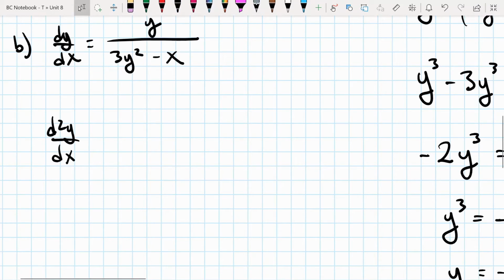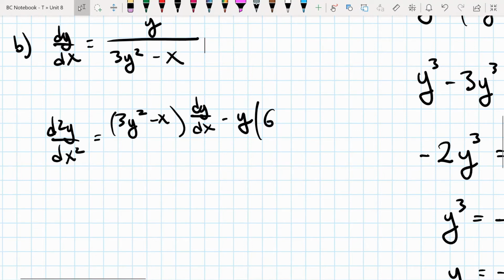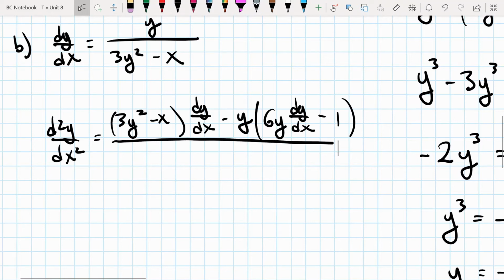The second derivative is going to be equal to low d high, the derivative of y is dy dx, minus high d low, so it's 6y dy dx. Derivative of minus x is -1, all over 3y squared minus x, squared.